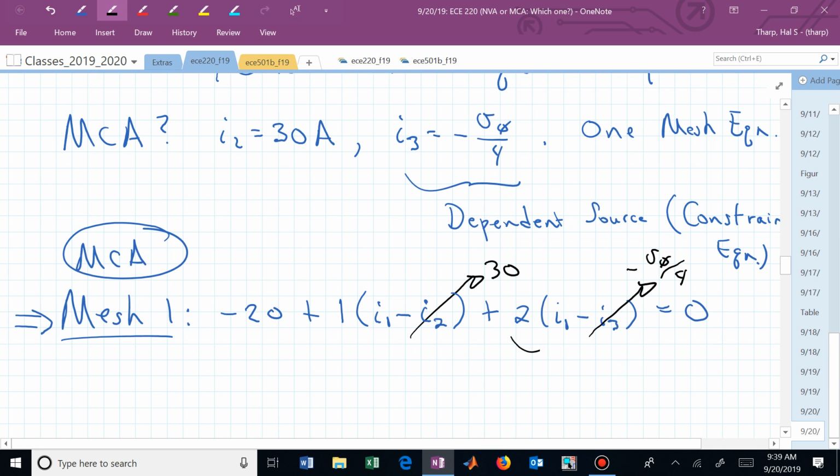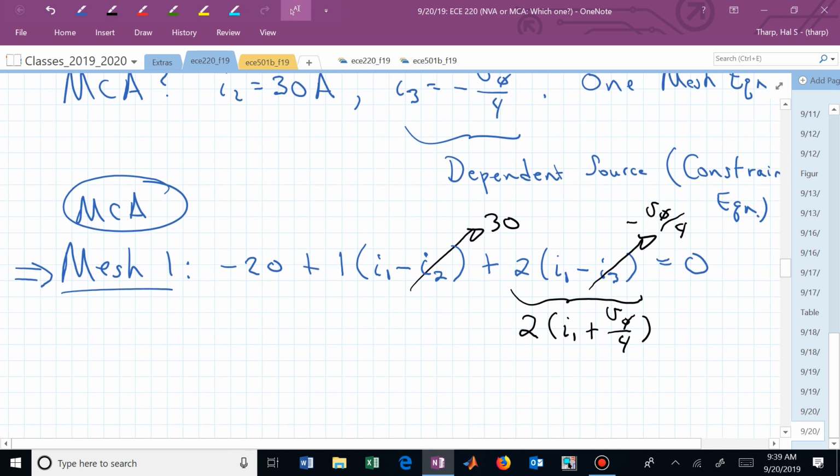So this whole thing becomes 2 times I1 plus V sub phi over 4. But we can find V sub phi, that's our dependent variable, through a constraint equation.